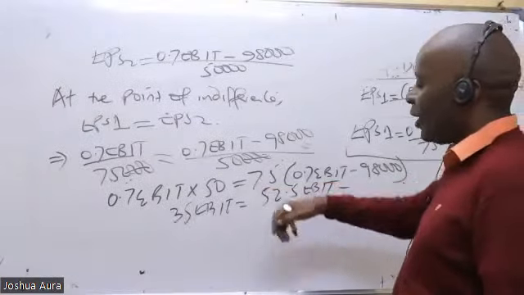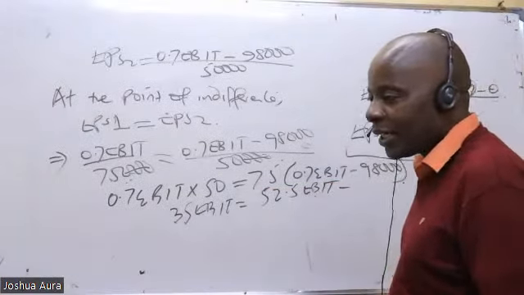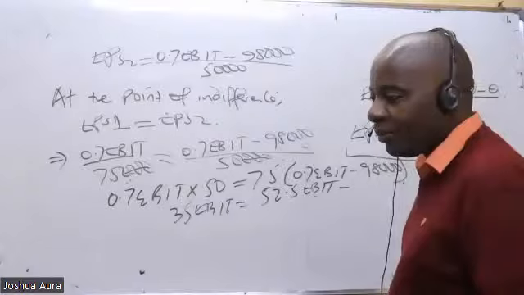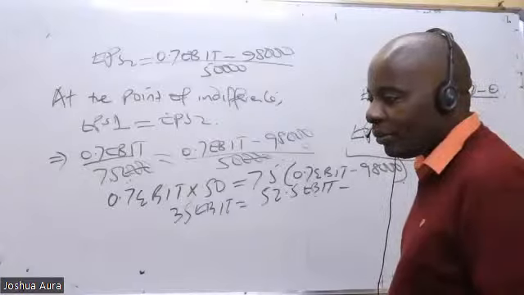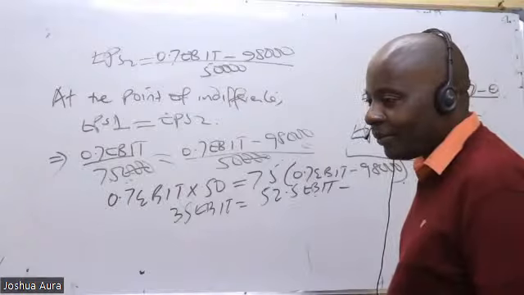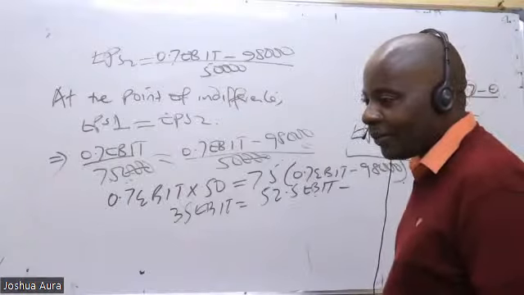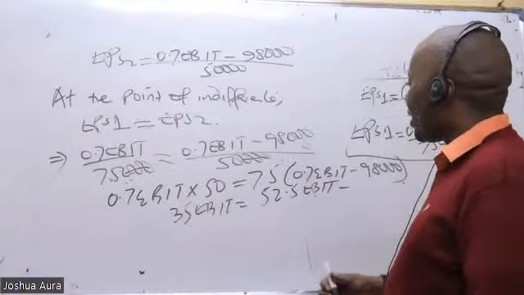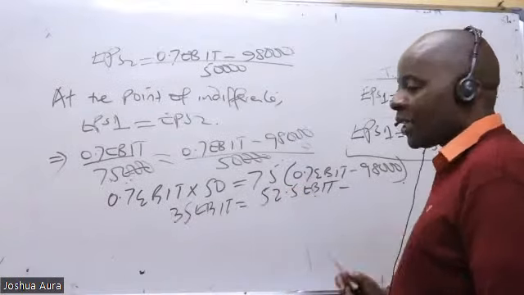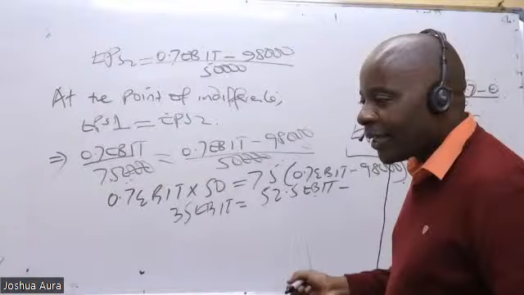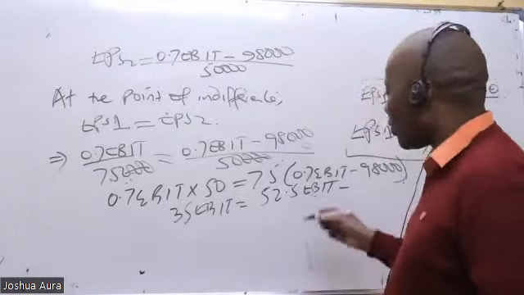What figure do we have here? 75 times 98,000 gives us 73,50,000.